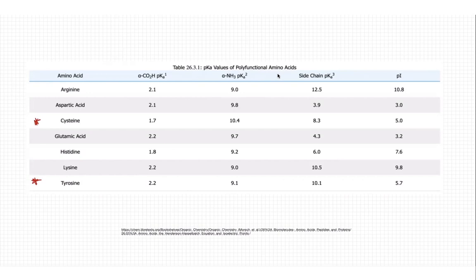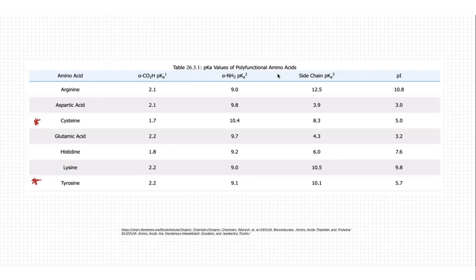You might be wondering, okay, well, why is tyrosine considered acidic, but lysine is considered basic, if lysine has a pKa of 10.5 and tyrosine has one of 10.1? Well, you have to remember that the pKa is always going to be for the acid. And so for lysine, it's going to be in its positive state when it's in that acidic form, whereas tyrosine is in its neutral state when it's in that acidic form.